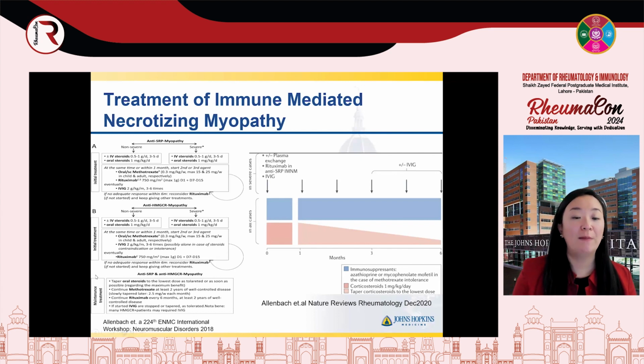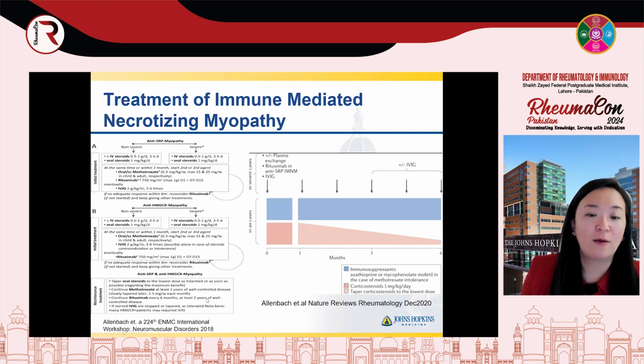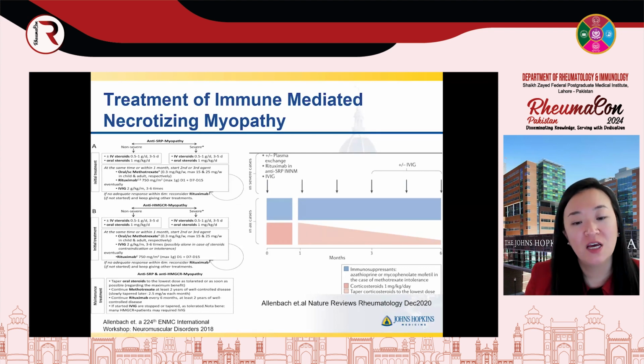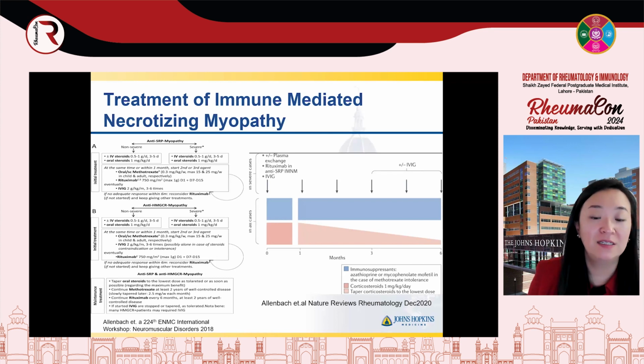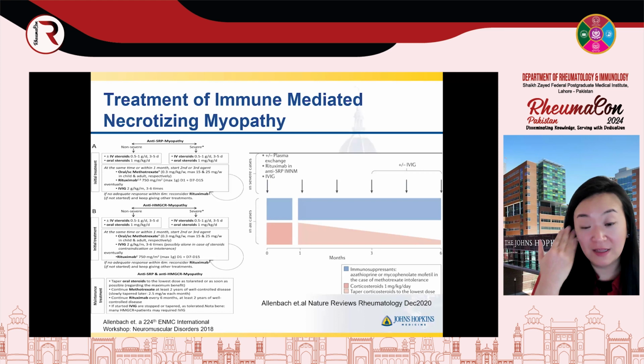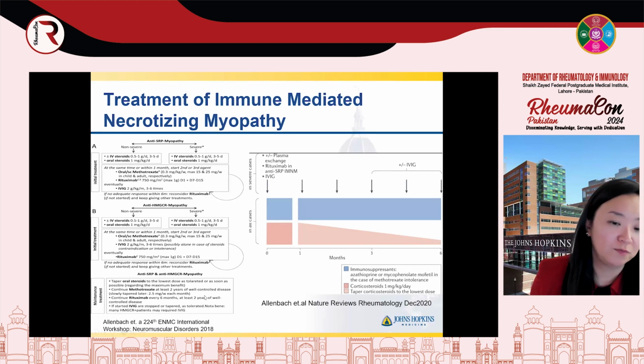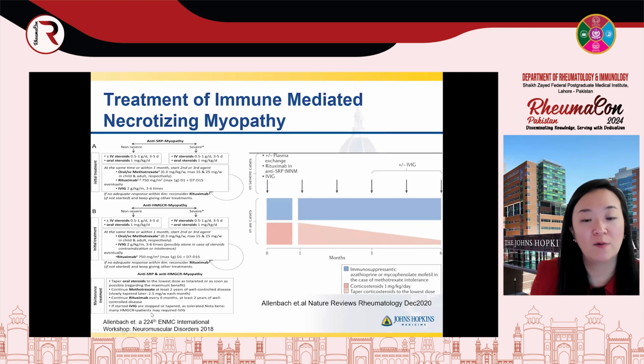Now, how about maintenance? This is a common question we get from our colleagues: what are we going to do long-term to manage these patients? We always say you want them to be stable for about 2 to 3 years. This is also supported by the international workshop recommendations from 2018, that you would continue rituximab every 6 months for at least 2 years of well-controlled disease.